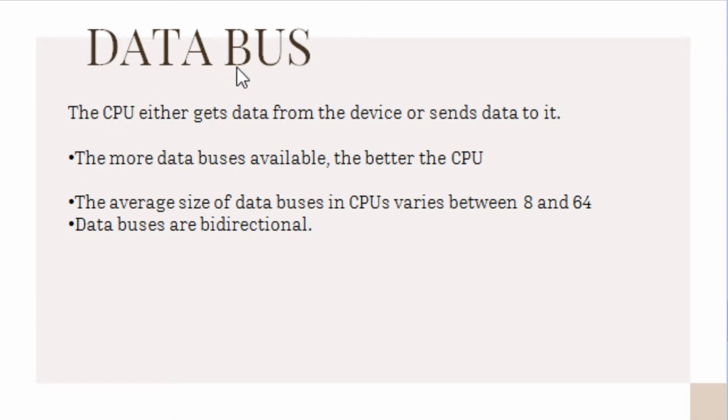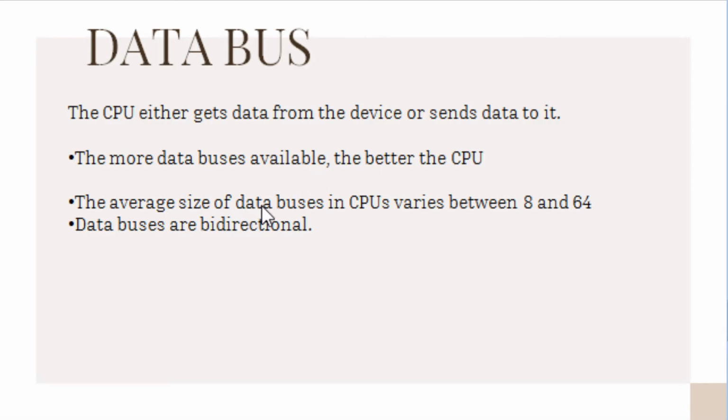A data bus is responsible for the actual data transfer between the CPU and the other devices. The CPU either gets data from the device or sends data to it. So data buses should be bidirectional. The more data lines available, the better the CPU.